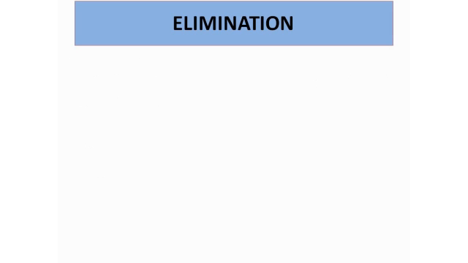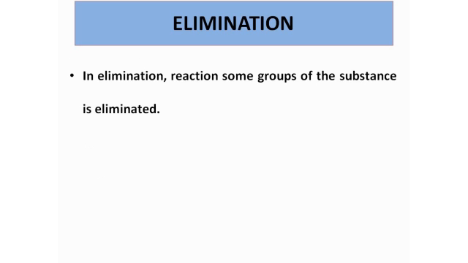The next process which will affect drug stability is elimination. In elimination, what actually happens? Suppose the drug has a structure with some functional group attached to it. Some group may get eliminated from that structure.